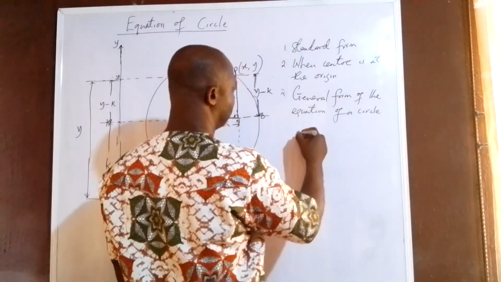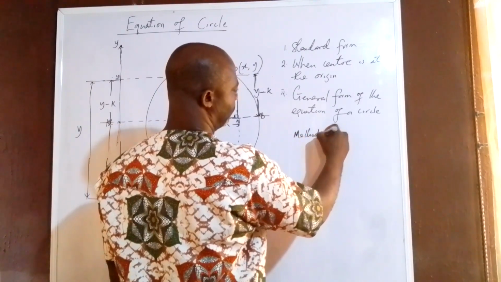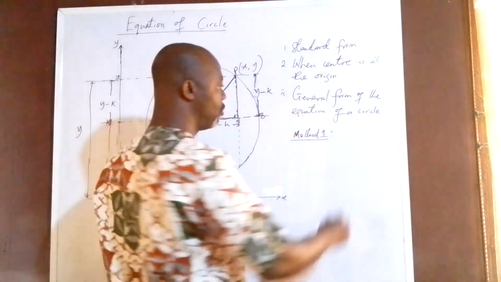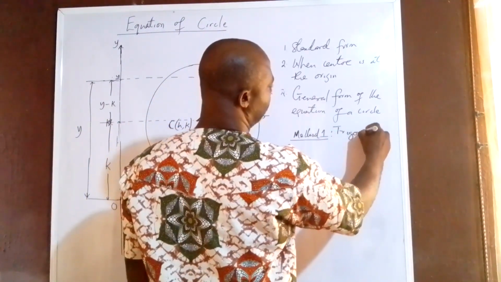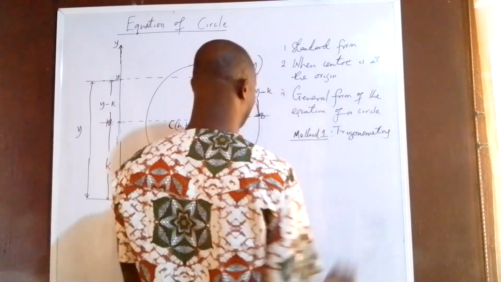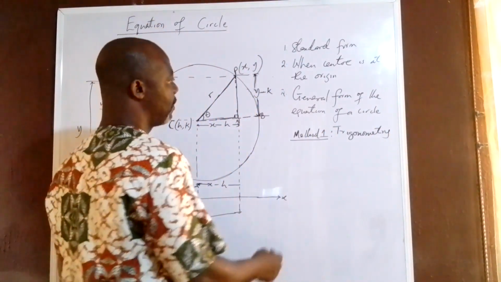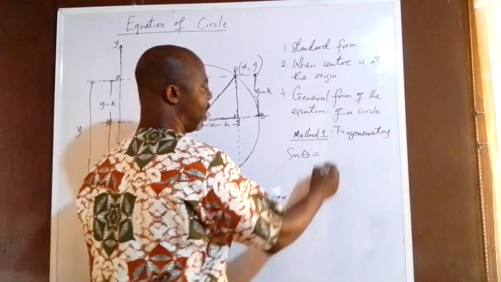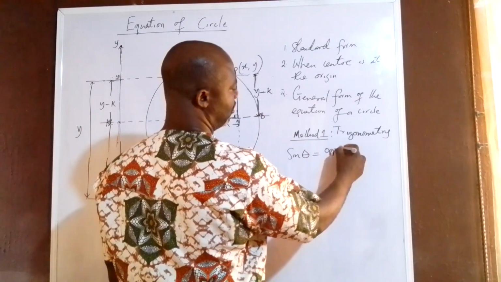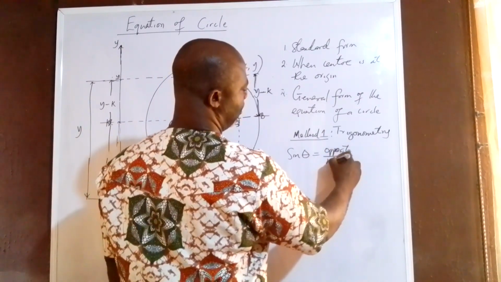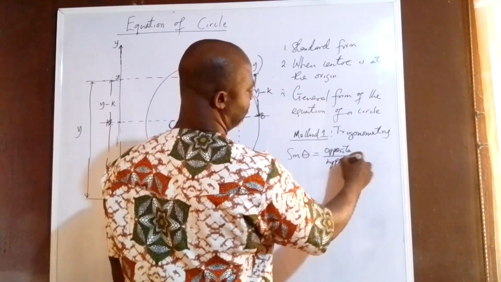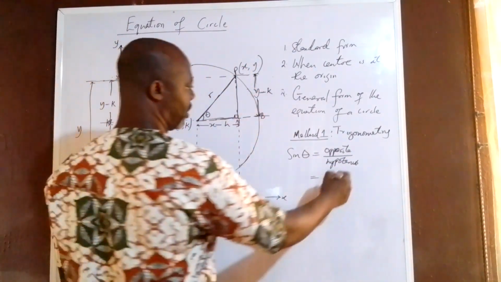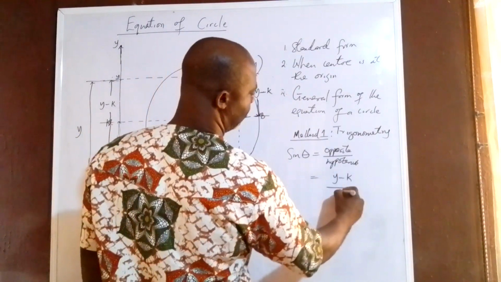We're going to have two methods. Method 1 will be trigonometry. Now from trigonometry, we have sine theta. Of course, we know that sine is opposite over hypotenuse. So the opposite is y minus k all over r.